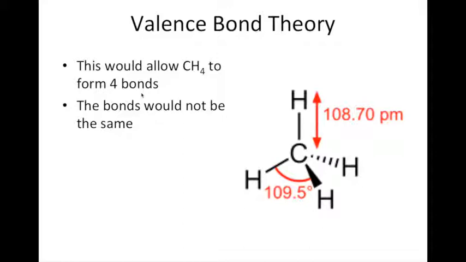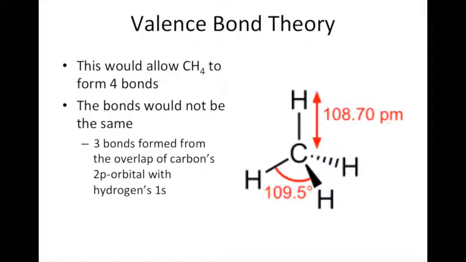But the bonds would not be all the same, since the electrons are not all in the same type of orbital. 3 of the bonds formed by our carbon would be formed by the overlap of its 2p orbital with hydrogen's 1s. So we could form 3 covalent bonds by overlapping carbon's 2p electrons with one of hydrogen's 1s.